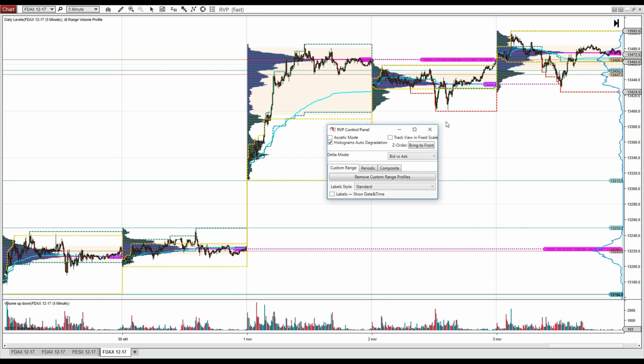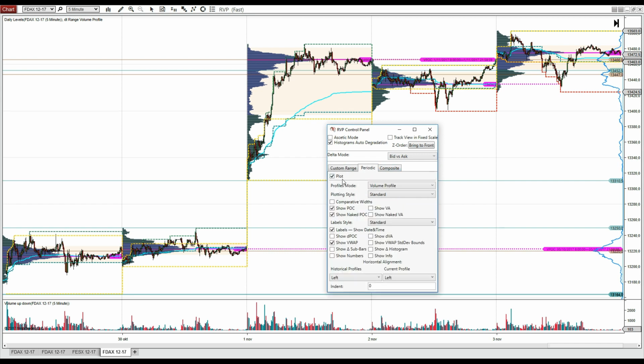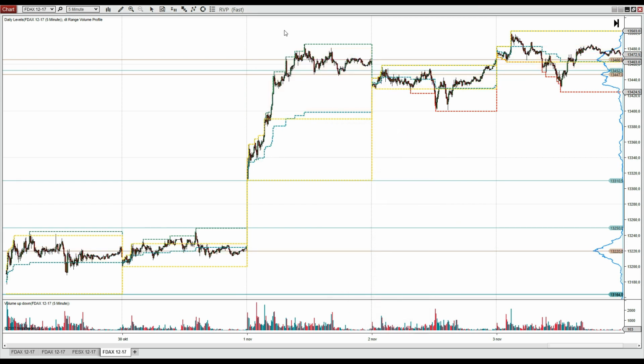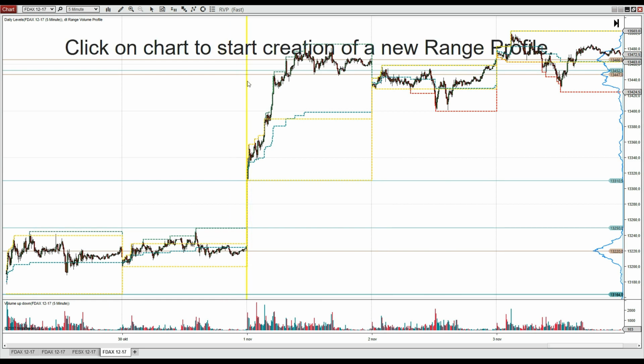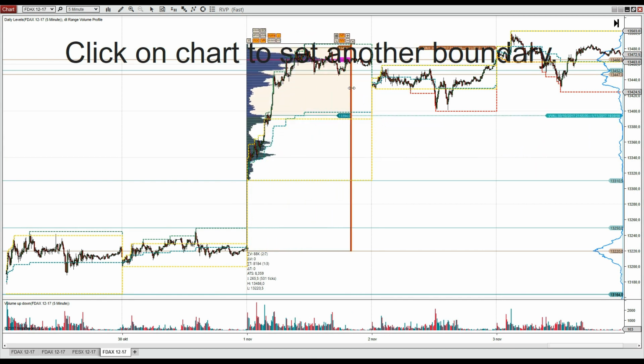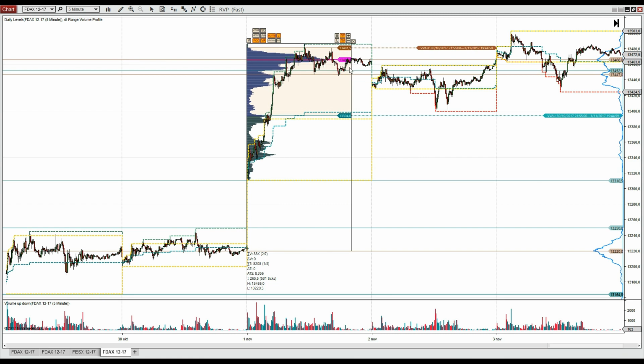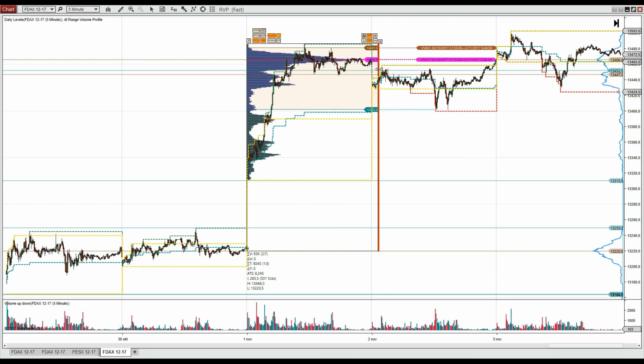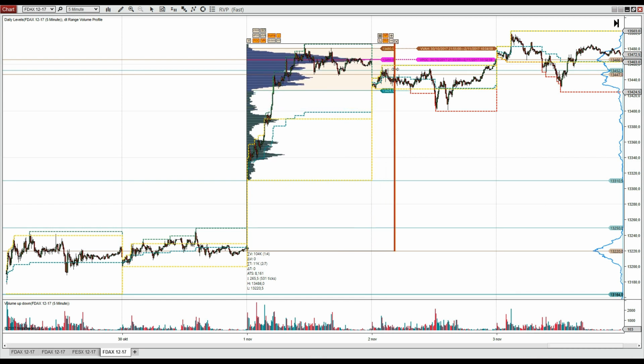So to see how this all has evolved, what I like to do is draw a custom profile to see how the volume is building throughout the days. So on the trend days, all the volume is on top.